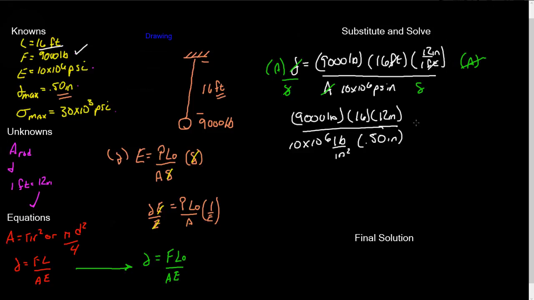All right, so that then equals my area, which I just said before was pi d squared divided by 4. So let's go ahead and jam through some of these numbers. Getting my handy dandy calculator out, I've got 9,000 times 16 times 12 divided by 10 million divided by 0.5.